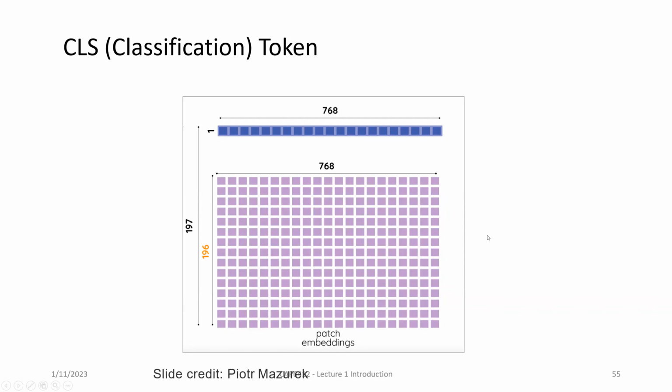Typically what we do is add an additional token, which is called the CLS token, for classification. So that will capture everything in the image, and that's what we can use for the MLP to classify. So then we have 197 tokens.